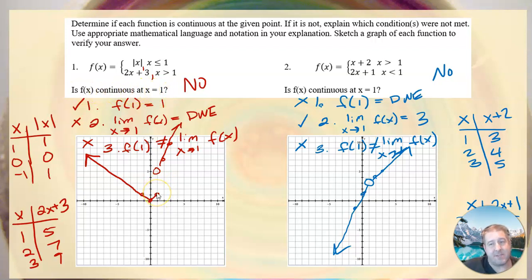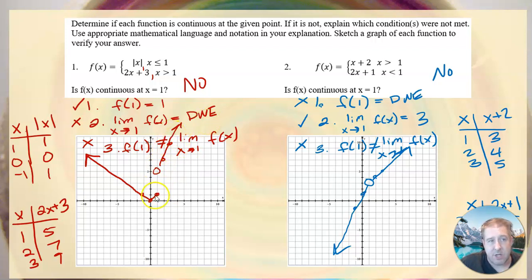Now, I know it's pretty obvious since I've already drawn the graph. Clearly you can't draw this piece and then jump over to here without picking up your pencil. So I already know the answer is going to be no. But on the test, you can't just write no. You have to prove it using the 3-point continuity test. Does f of 1 exist? Yes, it's right here. f of 1 is 1. Does the limit exist? Do the left and right hand sides at 1 meet at the same place?